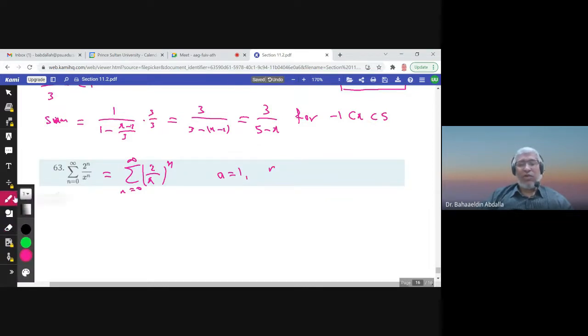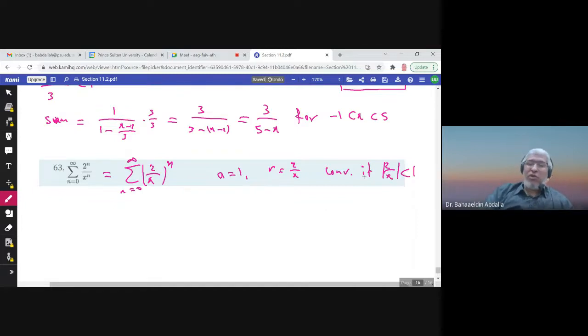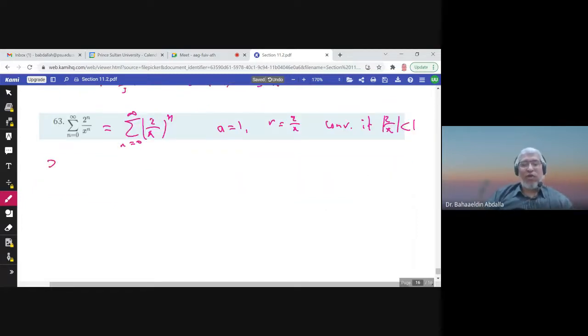So it is a geometric series and it would be convergent only if the absolute value of r is less than 1. So distribute the absolute value: the absolute value of 2 is 2, over the absolute value of x, is less than 1. Multiply by the absolute value of x. Notice that the absolute value of x is positive, so I can multiply by it without any problem. So I will have the absolute value of x is greater than 2.